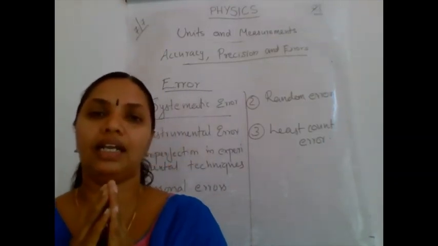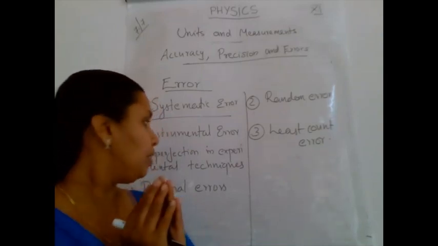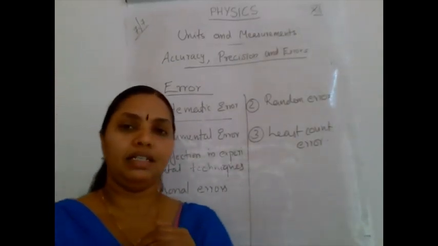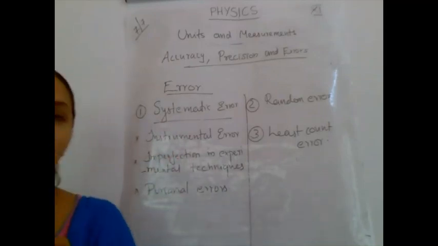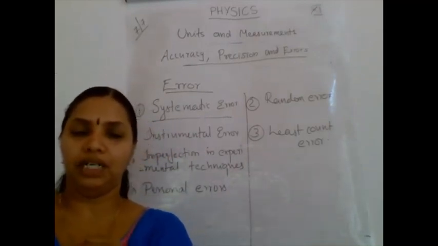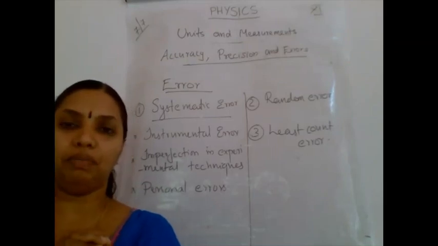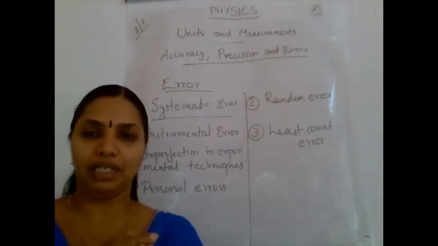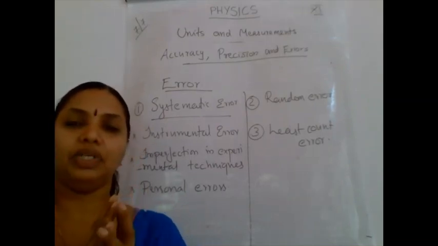Okay, and the next one is imperfection in the experimental techniques. That is, if we are doing the experiment and not connecting or arranging it properly, that causes error. For example, you are measuring your body temperature, and to get the exact body temperature we have to keep the thermometer under the tongue.